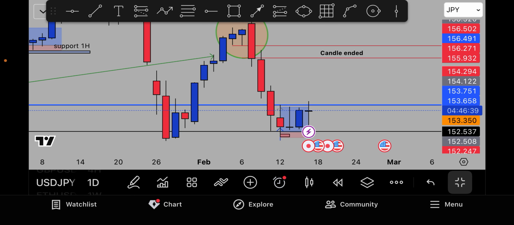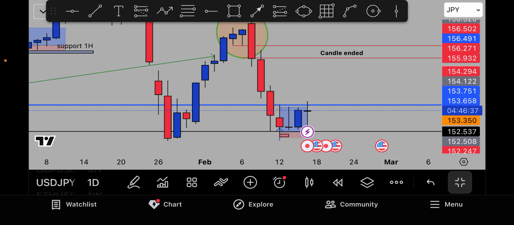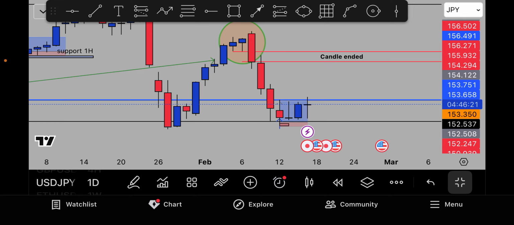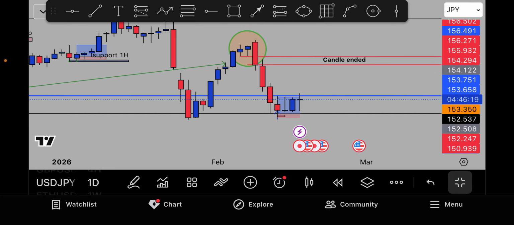And this isn't something that's going to make you a millionaire. It's not going to make your entries perfect. Far from it. It just gives you confirmation. And in trading, we don't need just one confirmation. We need multiple confirmations in order to execute a trade correctly.